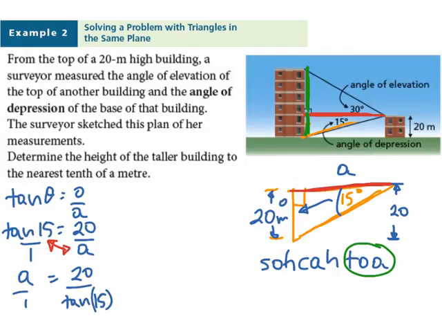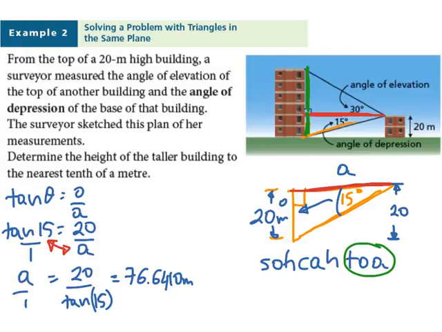This means that we get a value of 76.6410, in this case meters. Now we can use that value to find the green, or the height of the second triangle.